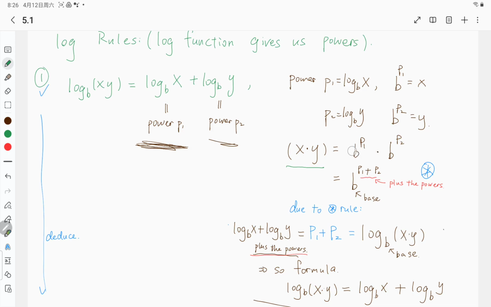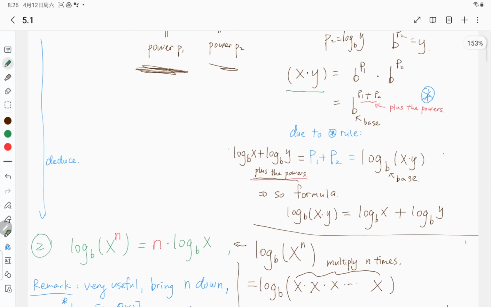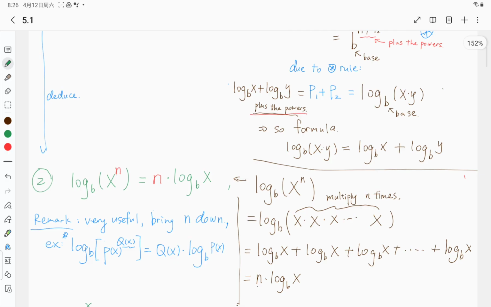Then we simply replace p1 plus p2 here, so p1 plus p2 is log base b of x plus log base b of y, okay? So log is a way to compute powers, right?